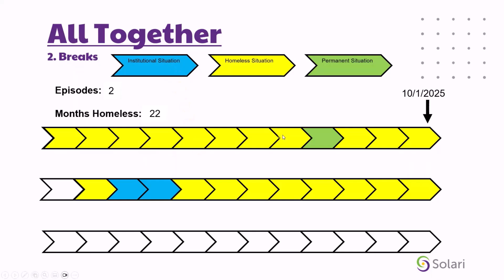So as a result, all this yellow up here and this continued stay here, including the hospital, is all 1 episode of homelessness, because the client did not stay in the hospital long enough for it to constitute a break. In these situations, if a client is staying in an institutional setting and it does not constitute a break, you can count those months as part of the months homeless total.